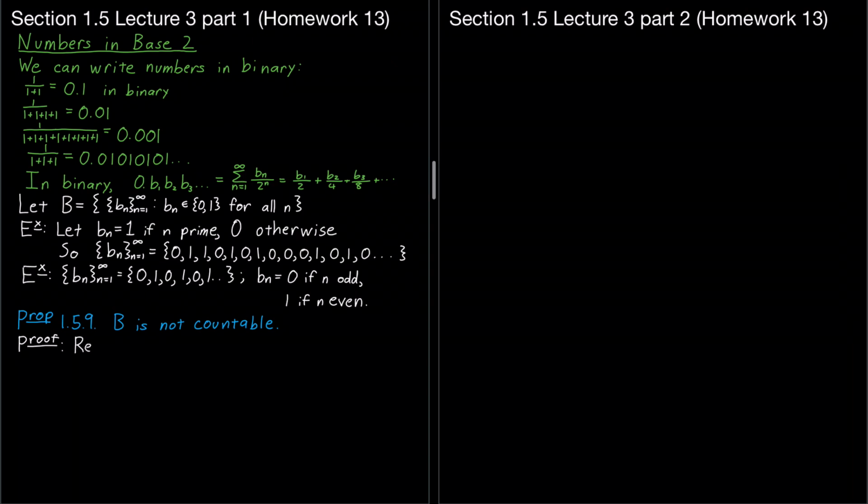So let's recall that 2 to the n is the set of all the subsets of the natural numbers. That is not countable.